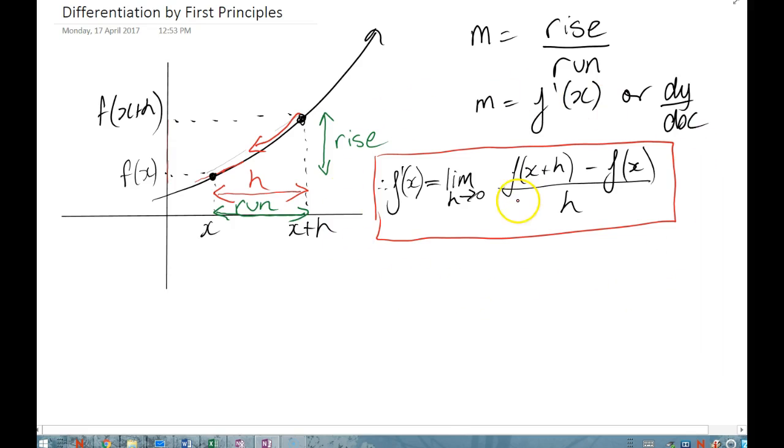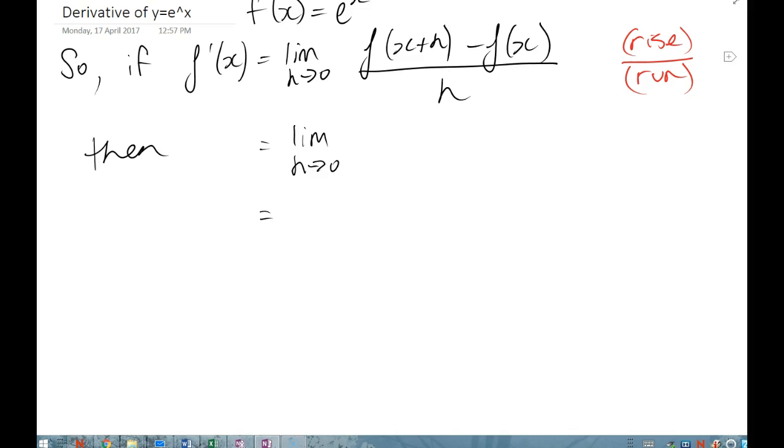So let's use this rule now and apply it to our lesson today, where we're going to find the derivative of y equals e to the x. Up here I've written f of x equals e to the x. Remember, y and f of x, function of x, mean the same thing. So f dash of x is the limit as h approaches 0 of rise over run.